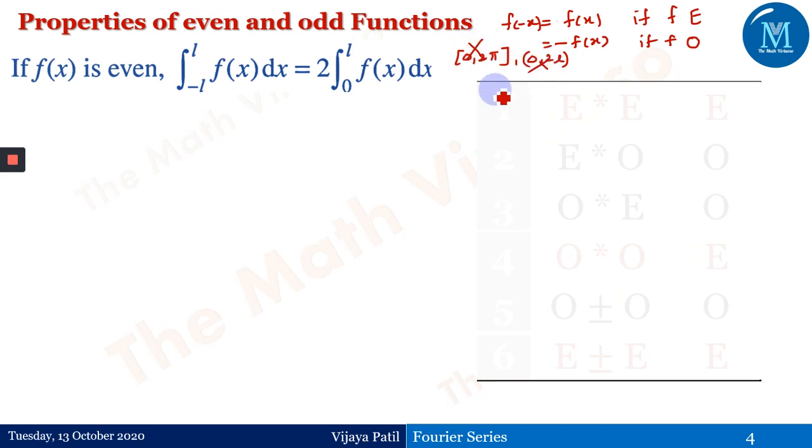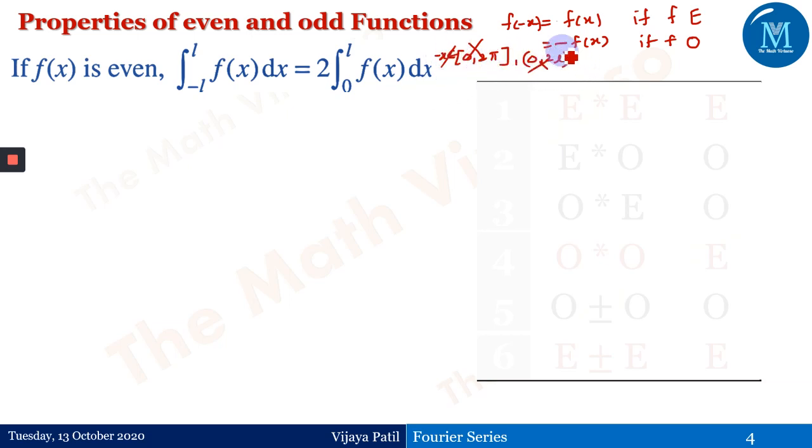Please remember, this is a very important property. I don't have a negative x between 0 to 2 pi or between 0 to 2L.